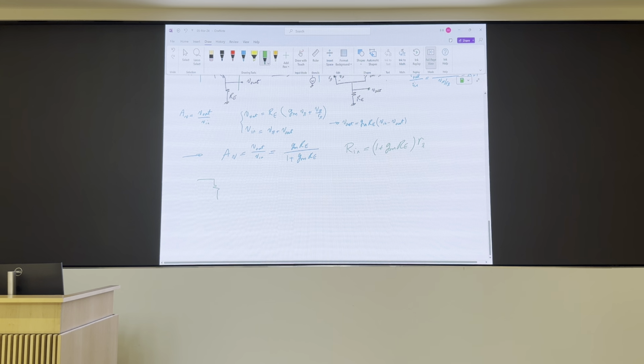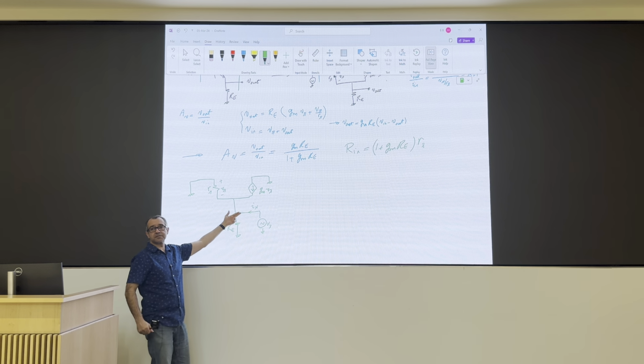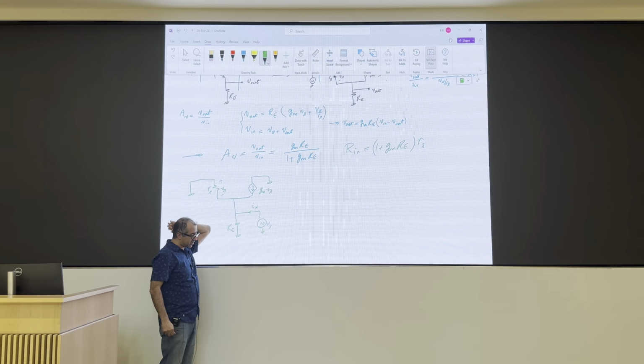So transistor first again. So I need to find Ix. And Vx over Ix will give me the output resistance.